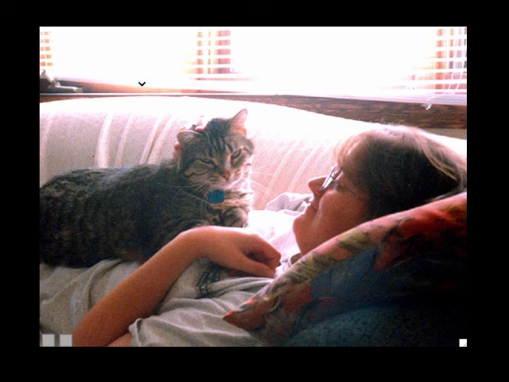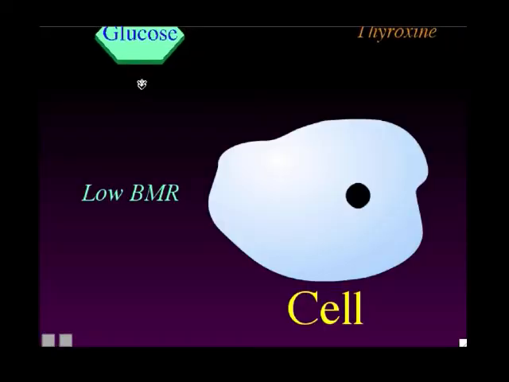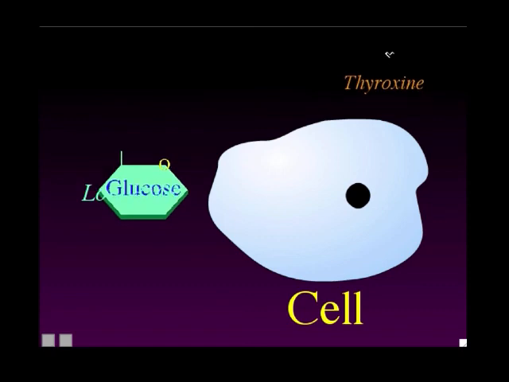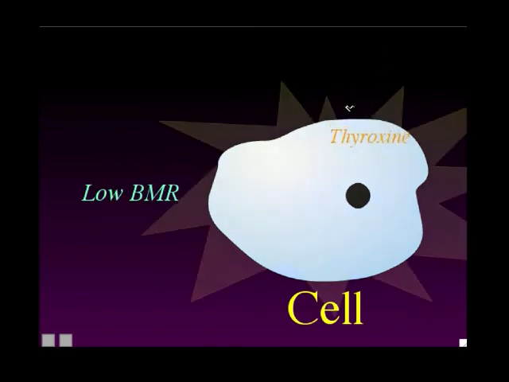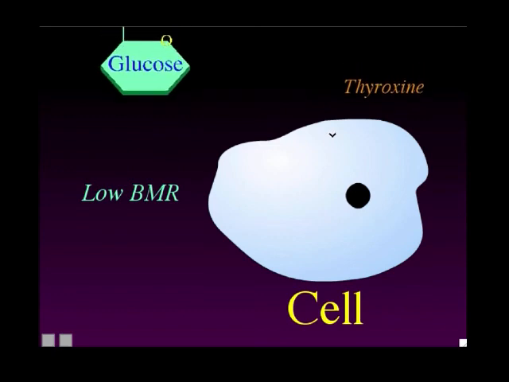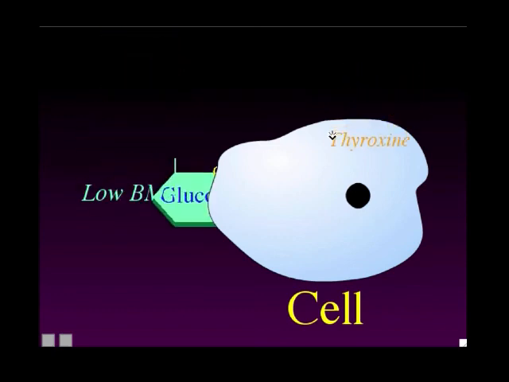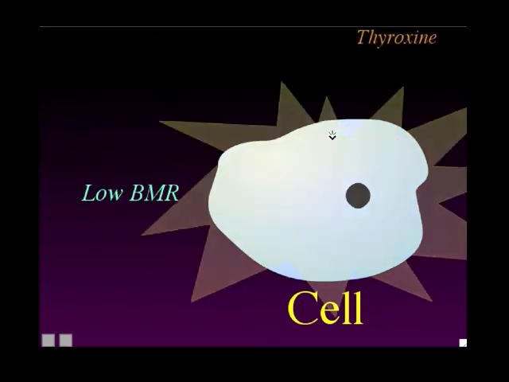And at the opposite end of the spectrum, if a person's thyroid gland, for whatever reason, naturally makes low levels of thyroid hormone, that person is going to have a low BMR. And here's why: since they have low levels of thyroid hormone, their cells take in glucose only very slowly. Their cells do not burn up very much glucose for energy.